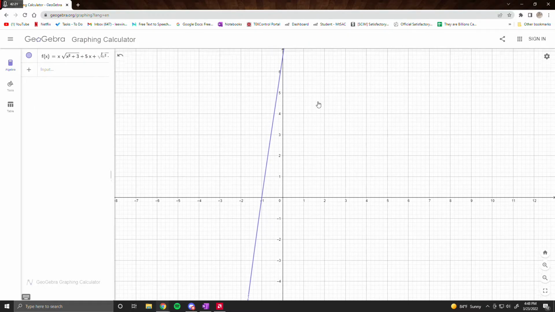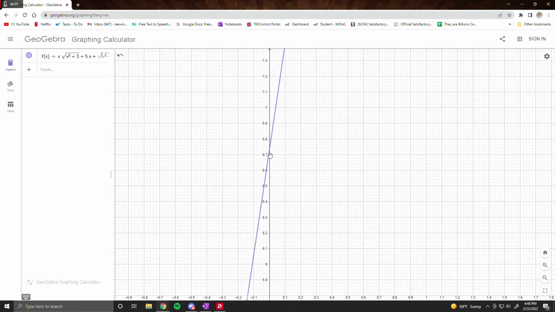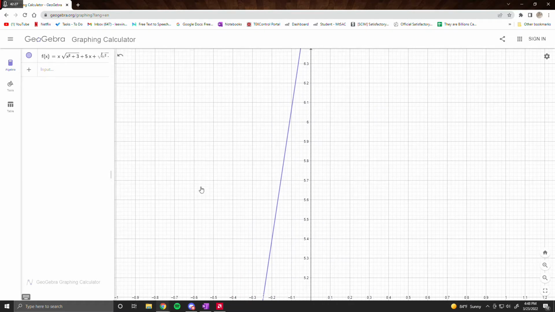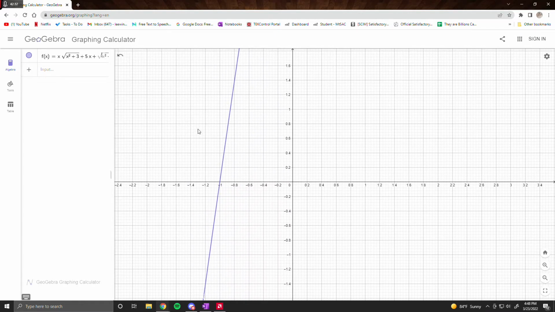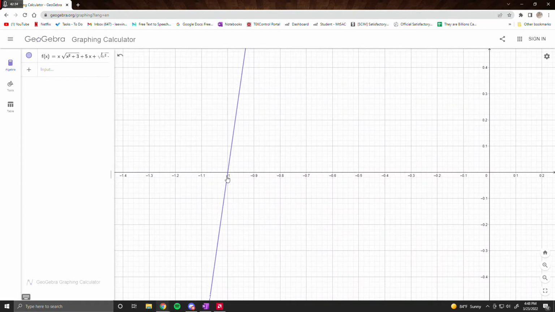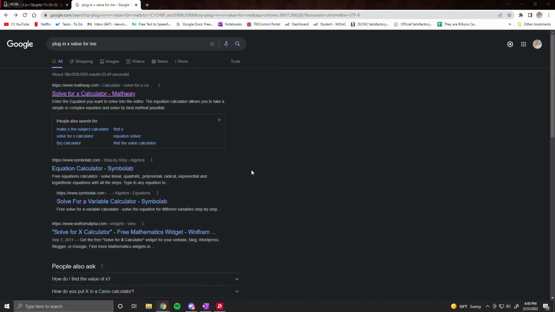Doesn't seem to be undefined here. Right? Is that x equals -1? So what's going on at -1? Oh, okay, so at -1 it seems to be 0. Huh.